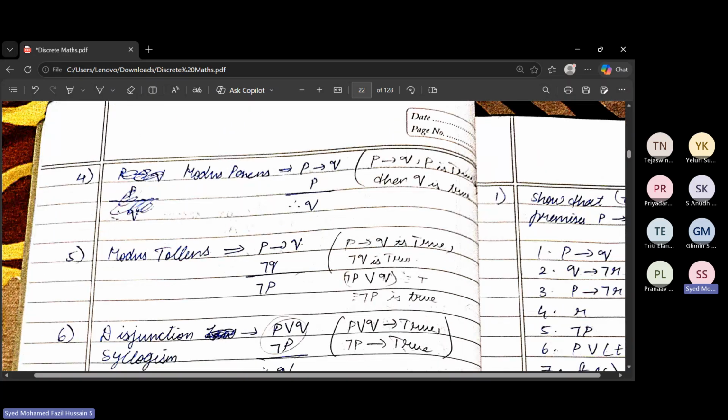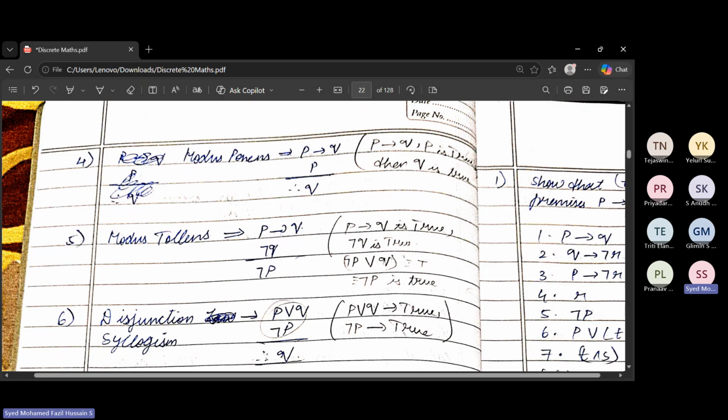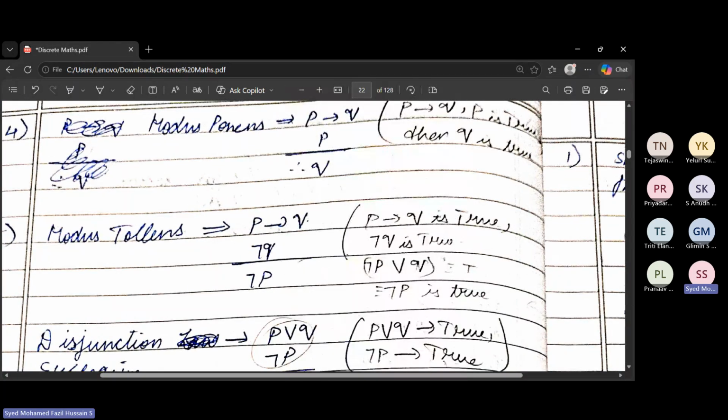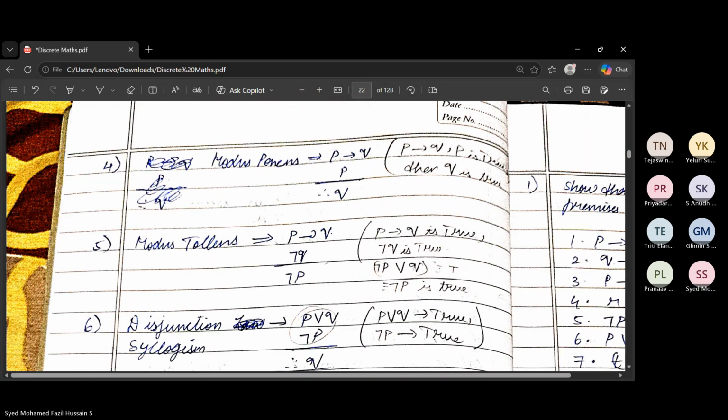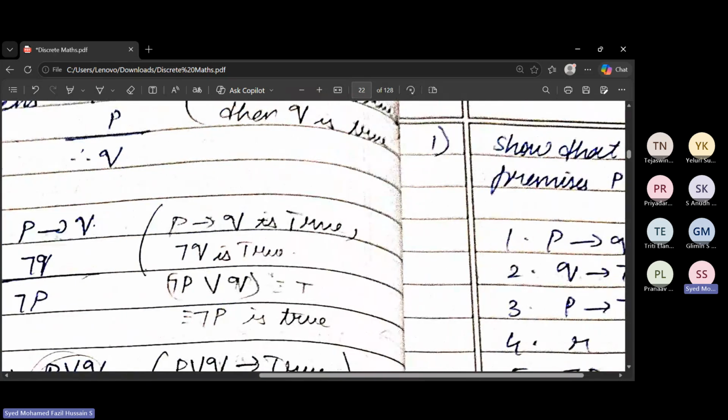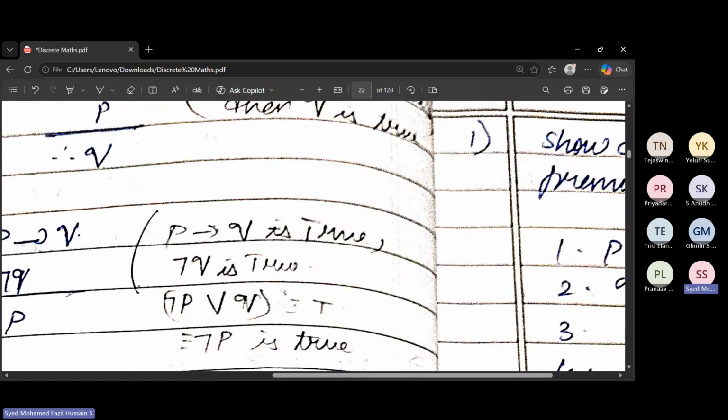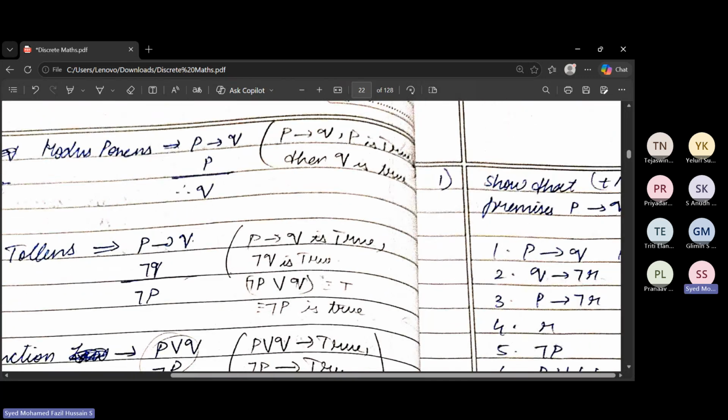In modus tollens, if P then Q is given true and not Q is true, then we get the conclusion that not P is true.